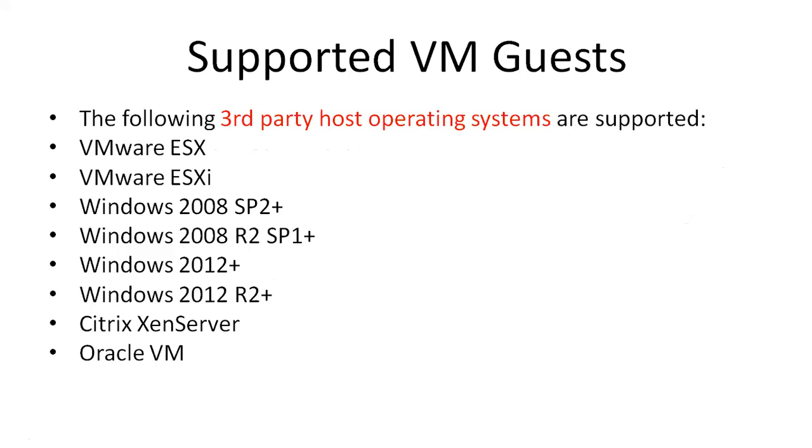The third party host operating systems are supported: VMware ESX server, VMware ESXi server, Windows 2003, 2008 SP2, Windows 2008 R2 SP1 plus, Windows 2012 plus, Windows 2012 R2 plus, and then Oracle VM and Citrix Xen server. These are all different operating systems supported by Xen.